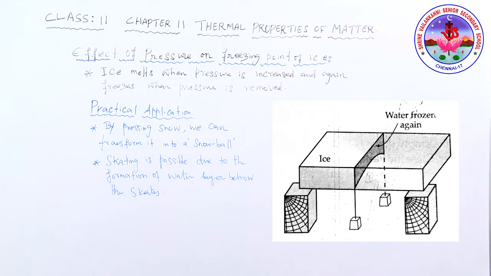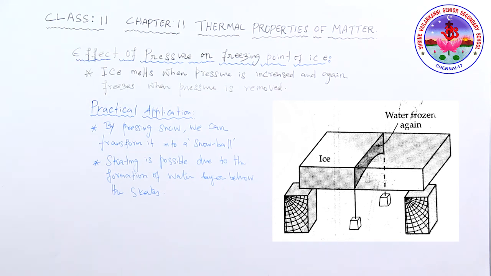So this is the phenomenon in which ice melts when pressure is increased and freezes again when pressure is removed. A practical application is that by pressing snow in our hand, we can transform it into a snowball.